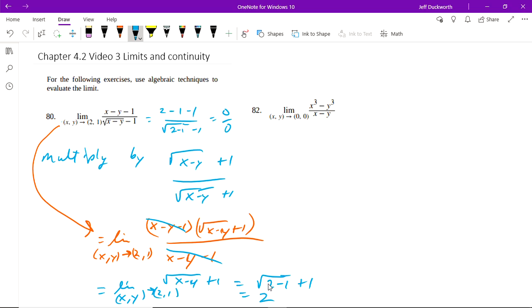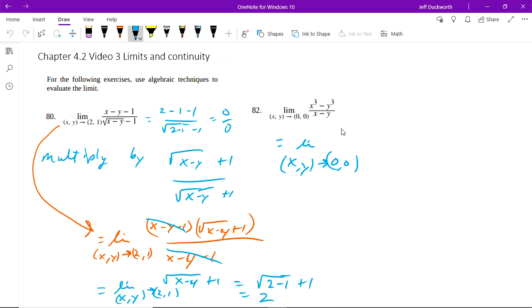All right, so number 82, we're going to have to use what we know about a cubic minus a cubic. And again, the reason why, if I plug in the zeros, I'm going to get 0 over 0.